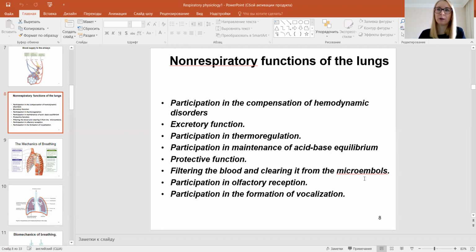This prevents microemboli from entering the systemic hemodynamics. And also, as we have discussed before, the respiratory system takes part in olfactory sensation and sound producing.